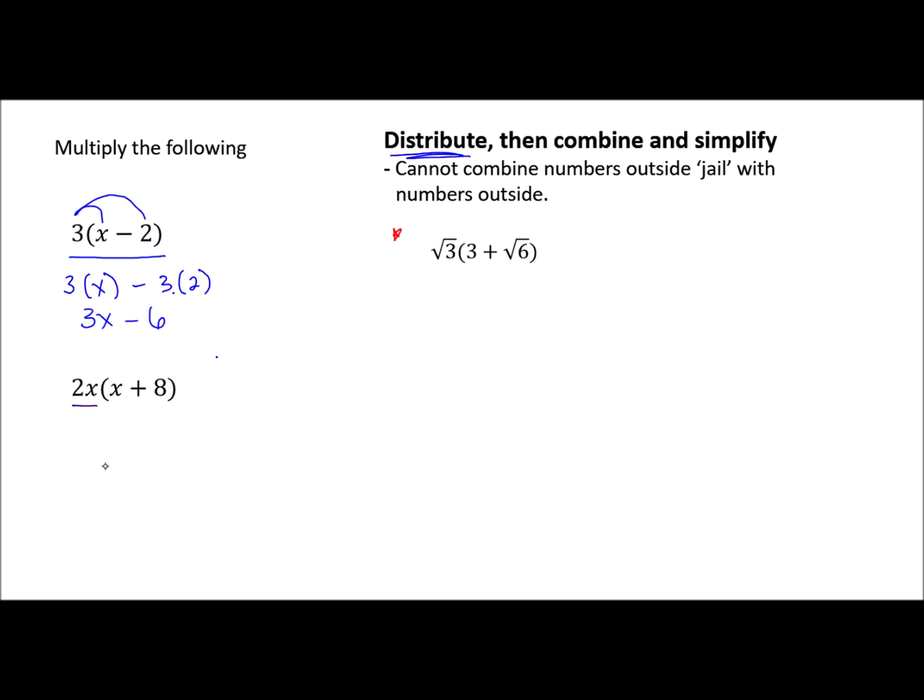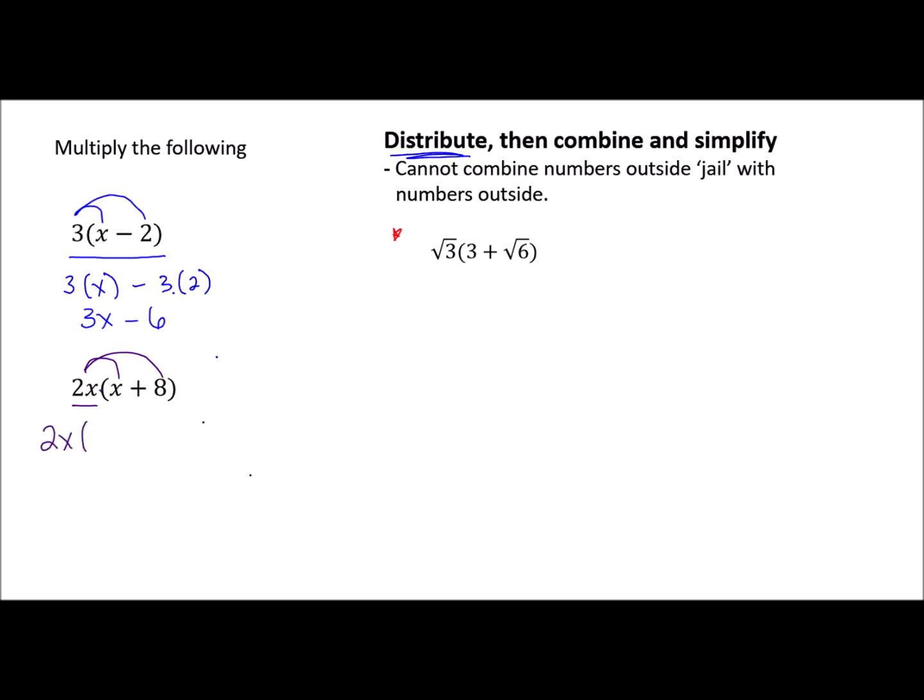If you see something out in front and it's multiplying by a set of parentheses with terms being added or subtracted, you distribute. Hopefully when you look at those and you see that bubble, that set of parentheses and something out in front, your brain says, oh, I need to do something with both of the things inside. What is it? It's multiplying, right?